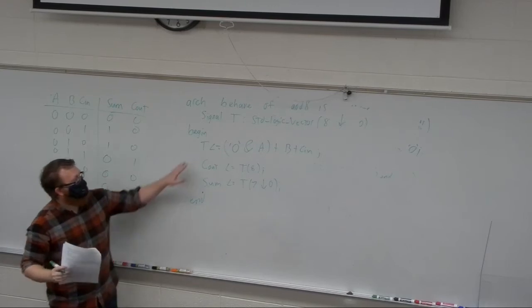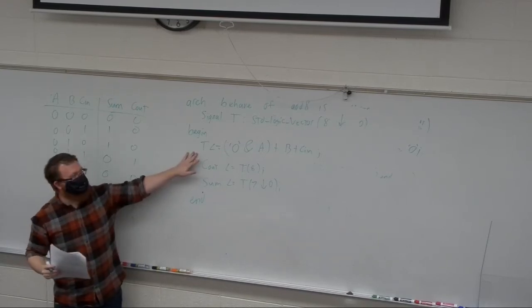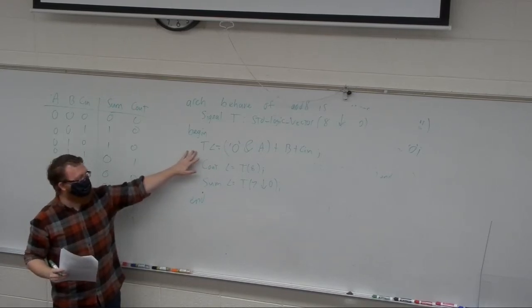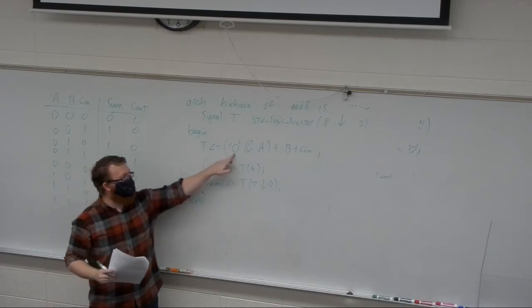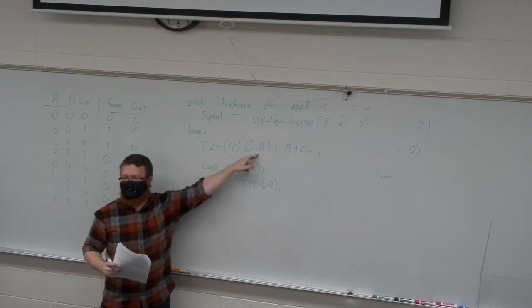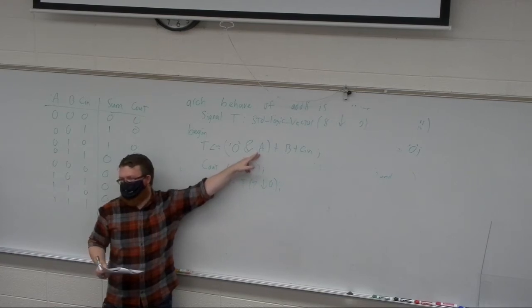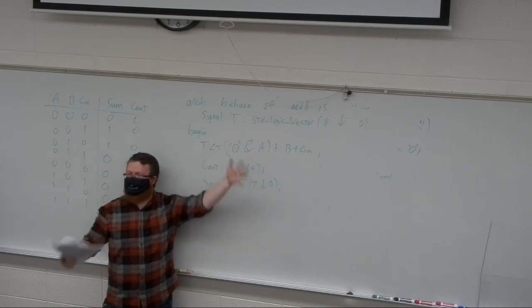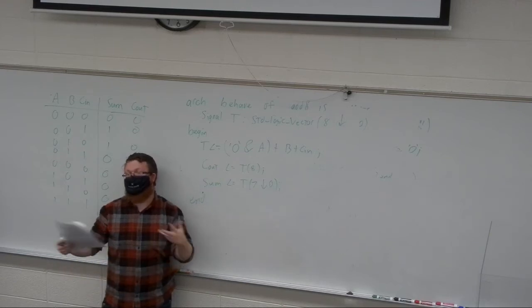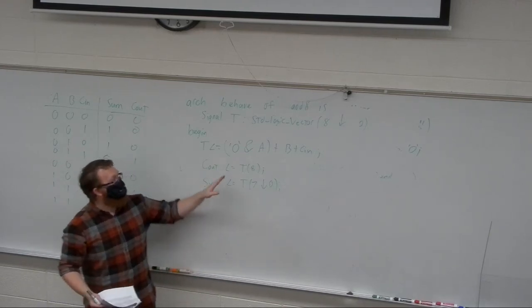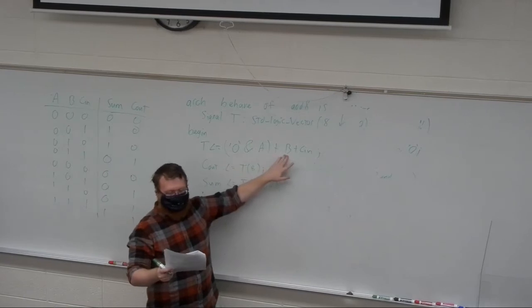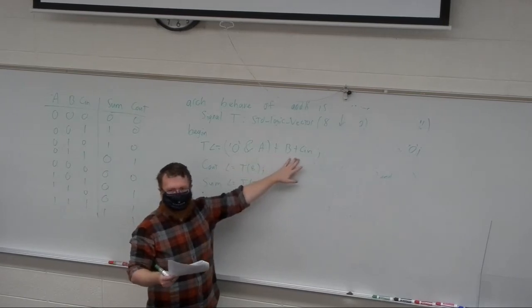Okay, so what this is doing is concatenating a 0 onto A. So it's just throwing a 0 at the beginning. It's just a placeholder. It's waiting to be added into maybe. And then it's doing the plus B plus C in, right?